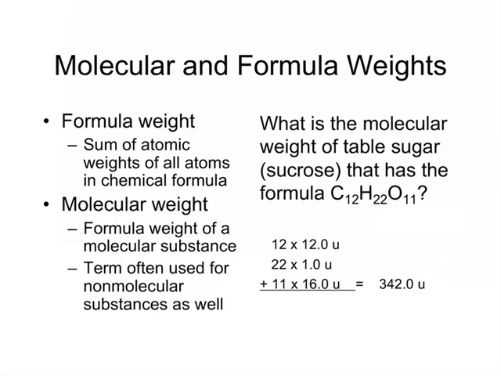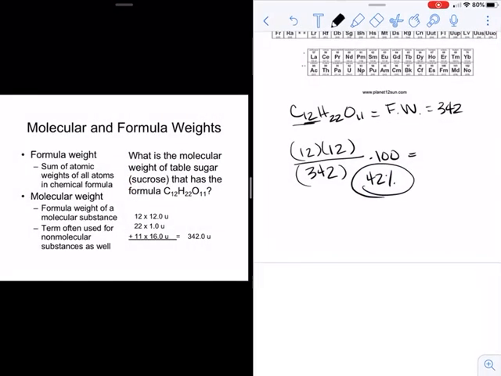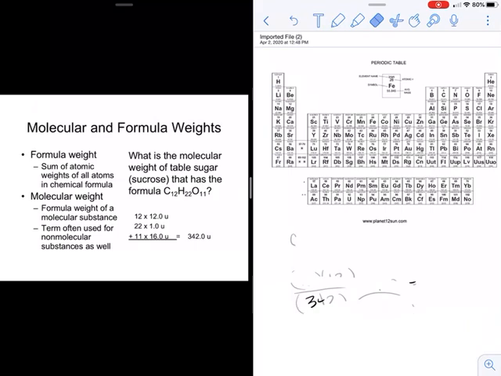Okay, so another example. All right, so here we've got molecular and formula weights. In order to find the formula weight of a compound, it's pretty simple. You do have to look at the periodic table for this. See this formula, C12H22O11?